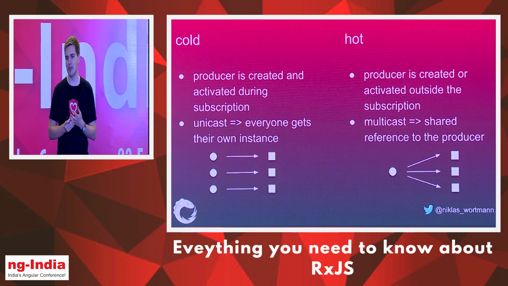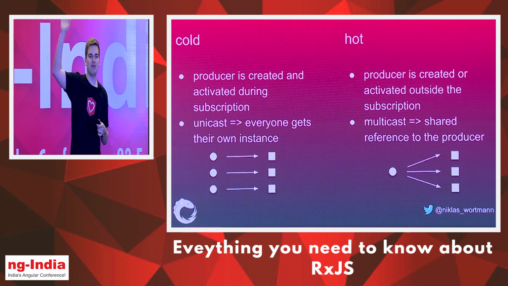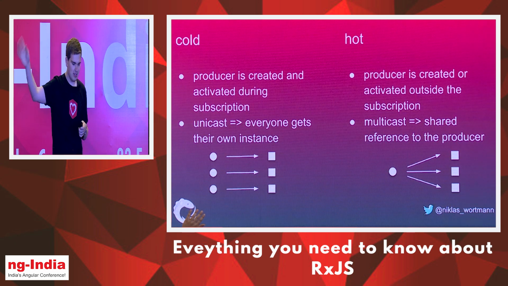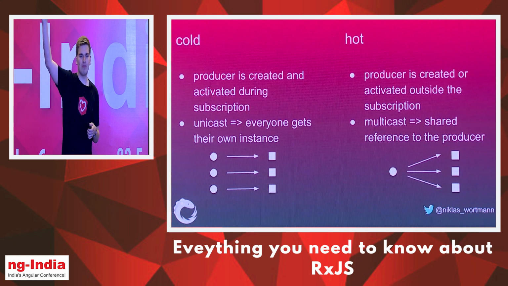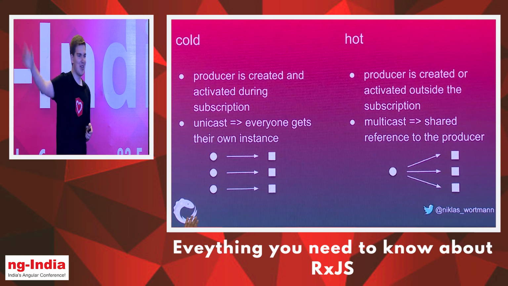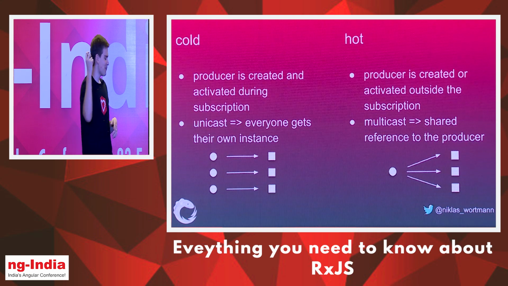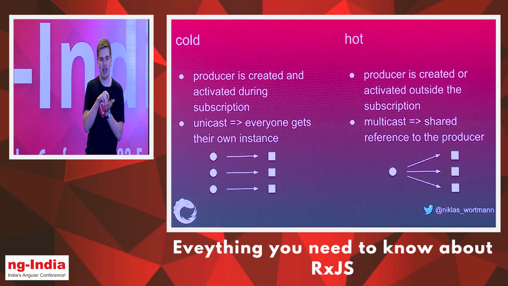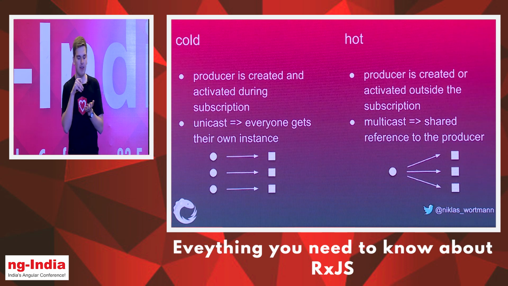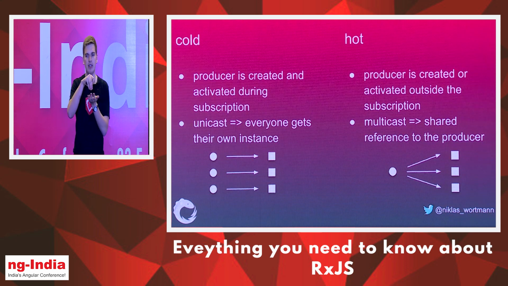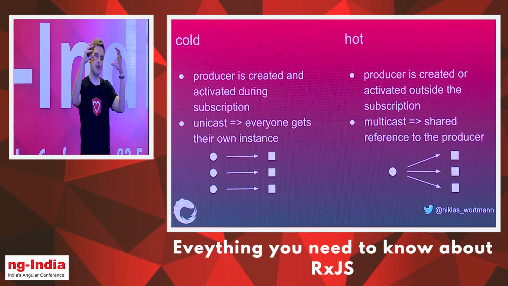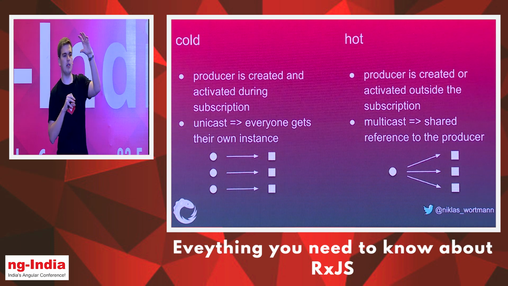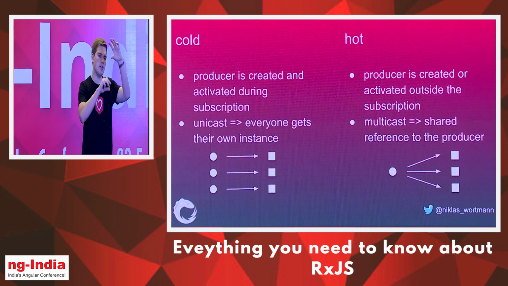How about cold and hot observables? Who has known this term? Okay, that's good. Who knows the difference? Okay. So a cold observable means that the producer of the values is created inside the subscription. This leads to the fact that every subscriber, so I have an observable and I have multiple subscribers to that, each of those gets its own instance.